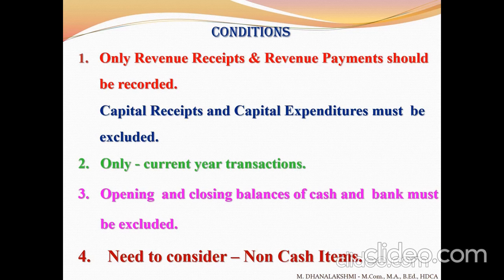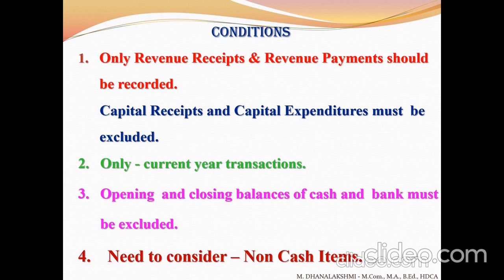All these are called revenue payments. So there will be no capital payment, for example purchase of any assets. Here you need to record only revenue transactions. There will be no capital transactions. If there is any capital expense, just ignore it. You need not write it in the income and expenditure account. This is the first point.